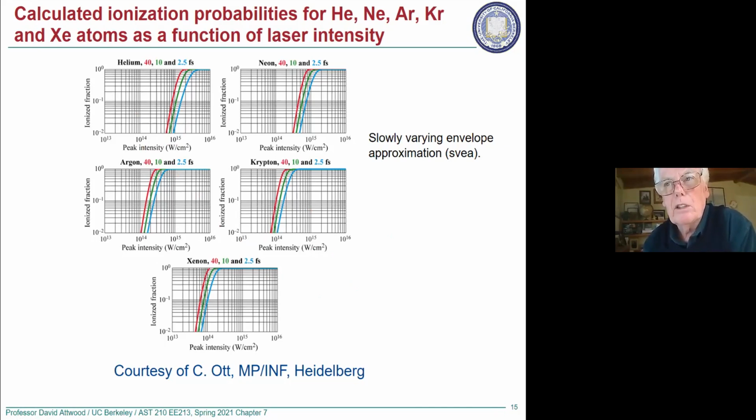Well, it's an exponential process, and so it's this quantum getting through the potential barrier. If you're below that, your electric field isn't strong enough to pull the electron through. There's a finite wavelength here, so there's a tunneling effect. You don't need the full electric field to overcome that binding potential, that quantum barrier, really.